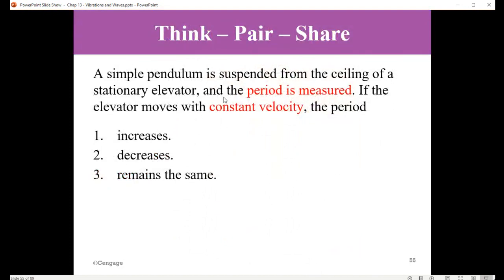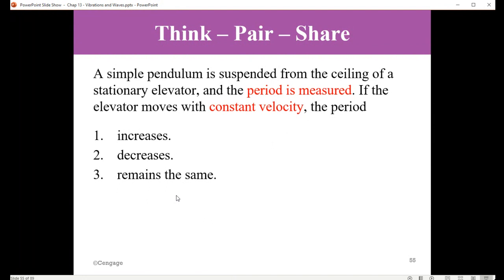A simple pendulum is suspended from the ceiling of a stationary elevator, and the period is measured. If the elevator moves with constant velocity, what will happen to the period? It increases, decreases, or remains the same.